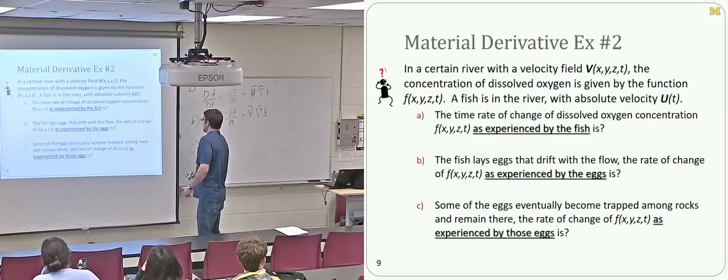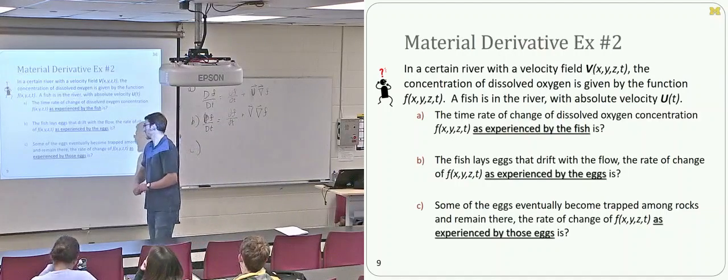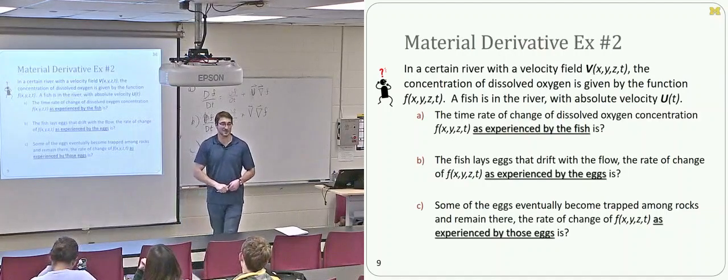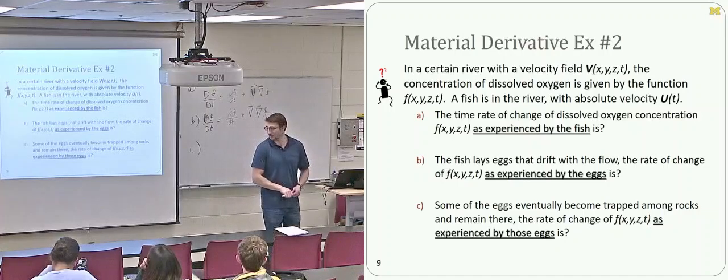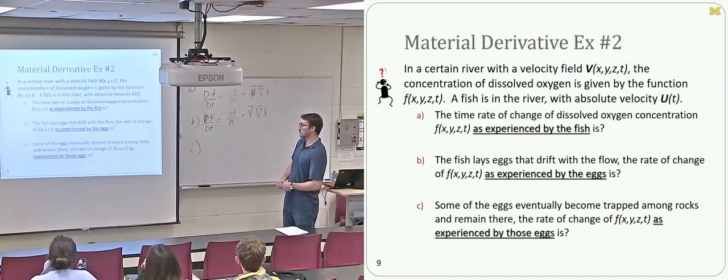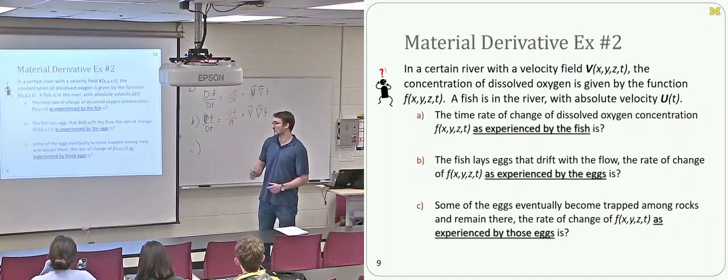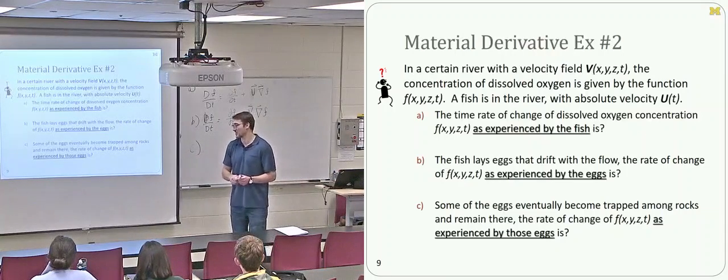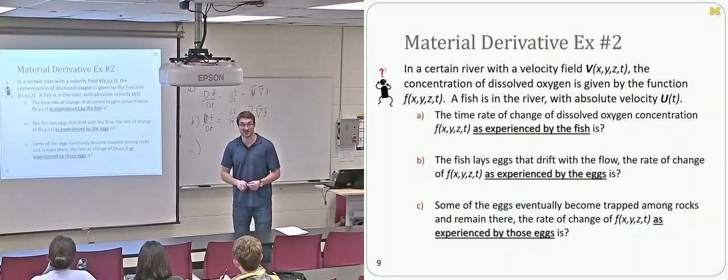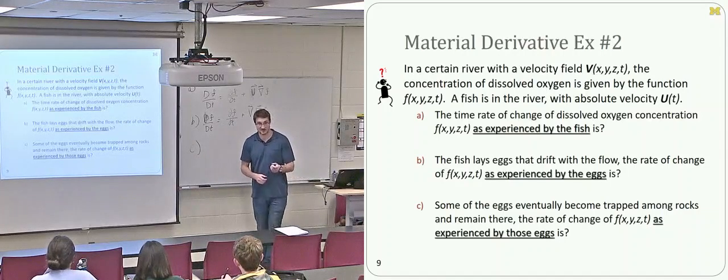And part C, some of the eggs eventually get themselves stuck in the mud or under a rock or something and stay there. So what is the rate of change of dissolved oxygen experienced by those eggs that are stuck? Andrew.